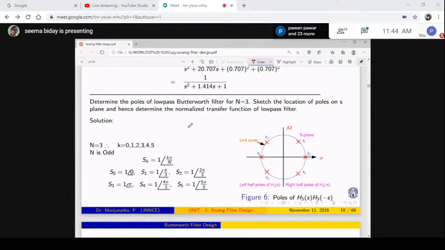Write down this. Simply use one formula, sketch the location of poles and hence determine the normalized transfer function of the filter.